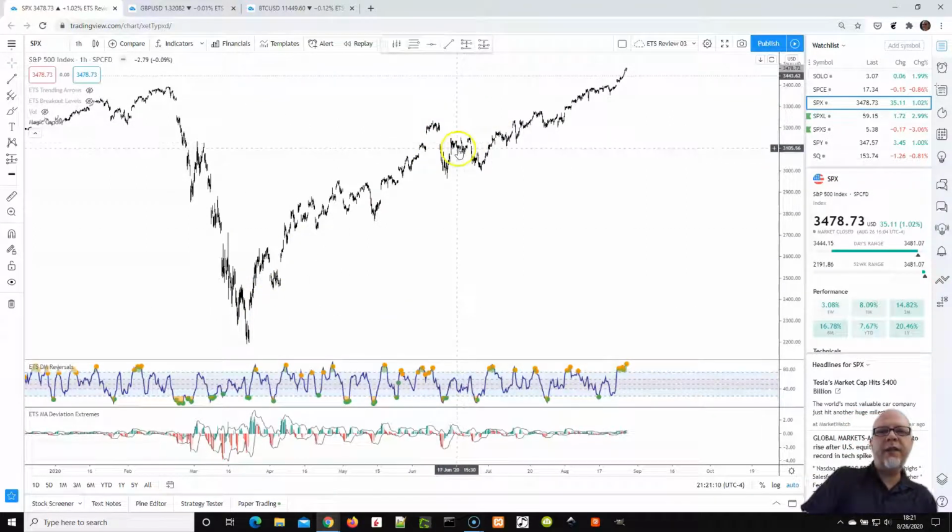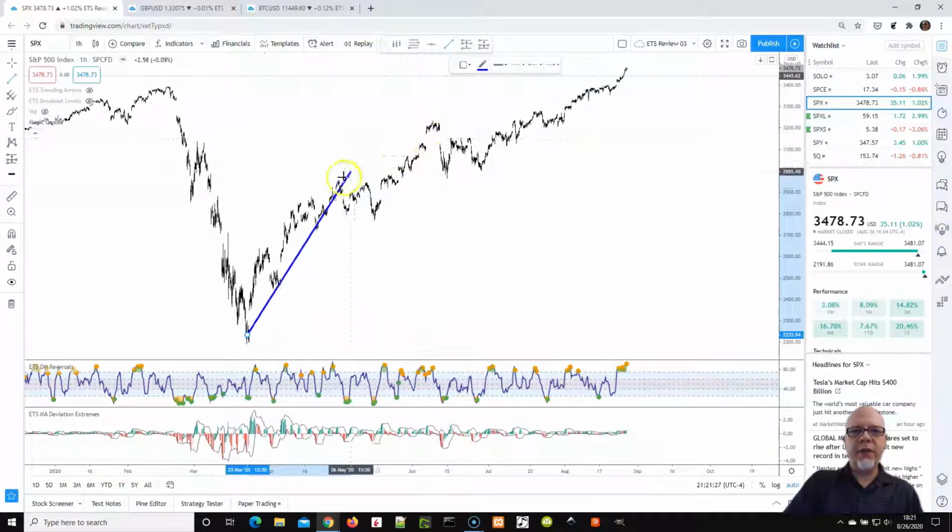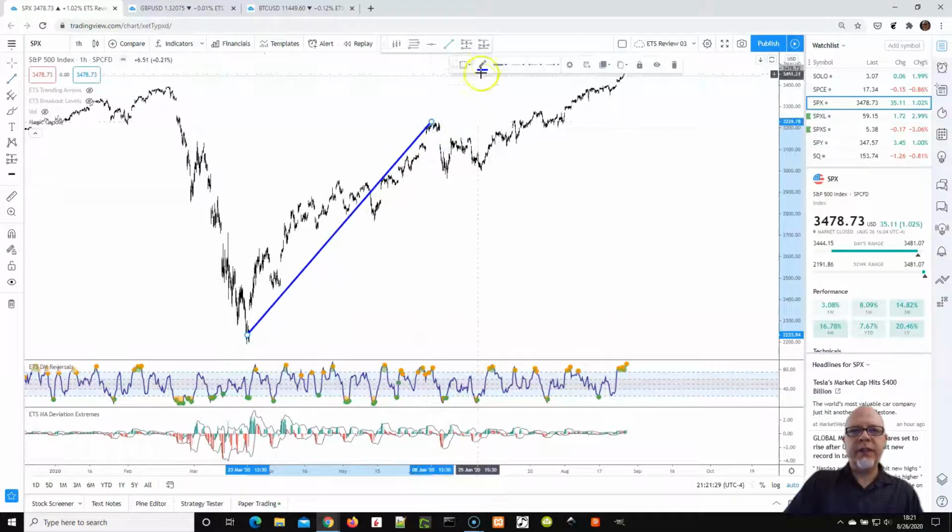It could be corrective in nature, it could be a zigzag. I'm just going to draw crude lines here. We can talk about this being the first wave of a zigzag, then this completes the second, and then this is the third.